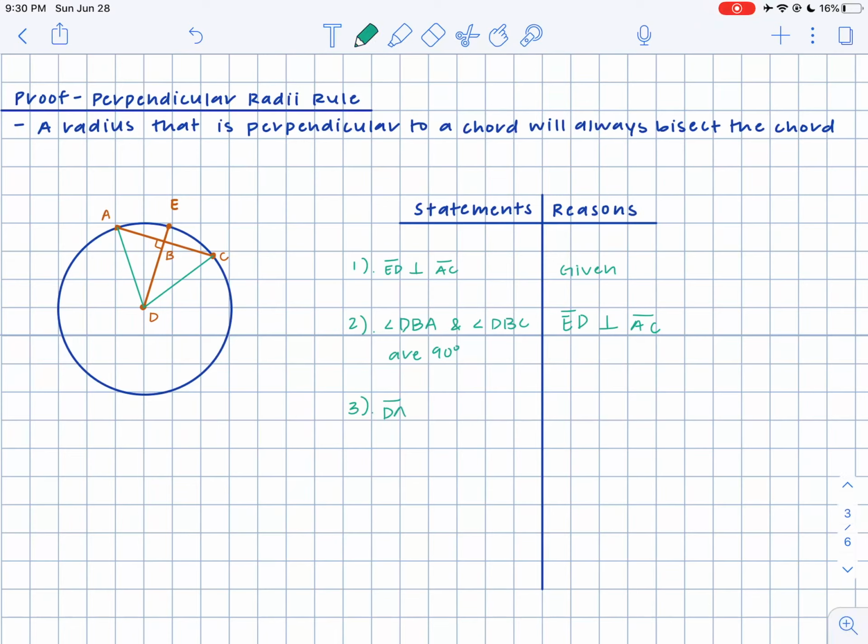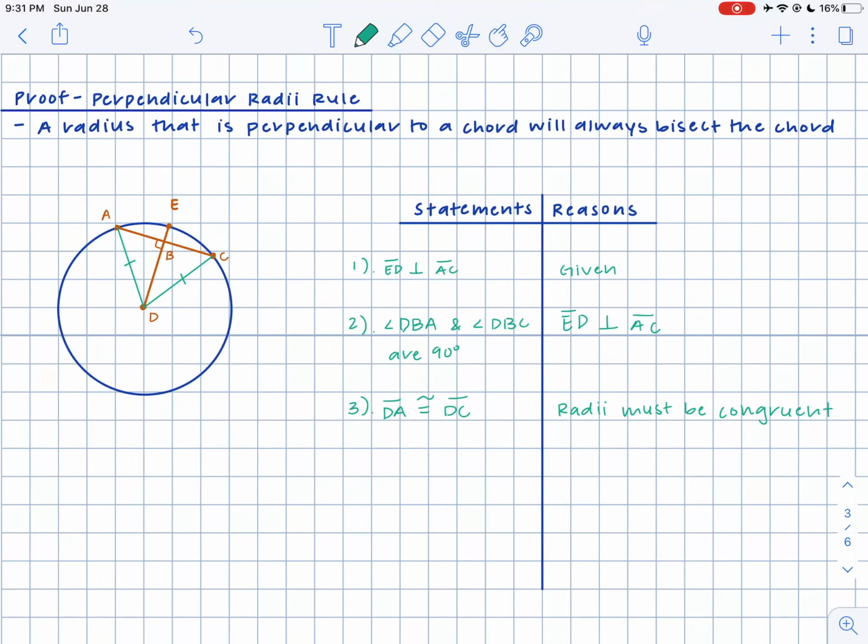So now we know that segment DA, which is a radius, is congruent to segment DC, which is also a radius. So what is our reasoning? Our reasoning is that radii must be congruent. So let's go ahead and write some hash marks to represent that in our figure.